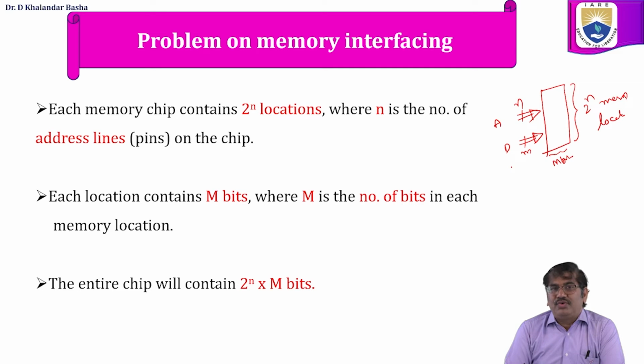So for this kind of memory chip, with 2 to the power of n memory locations, each of size m bits, the memory is represented as 2 to the power of n cross m bits. This 2 to the power of n is based upon the address lines, and m depends upon the data lines.